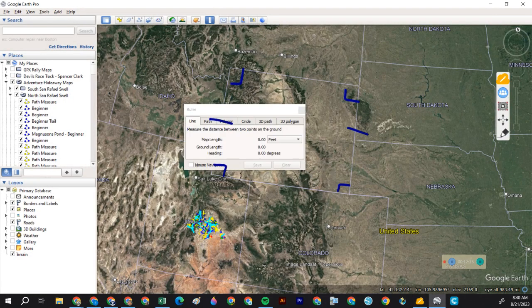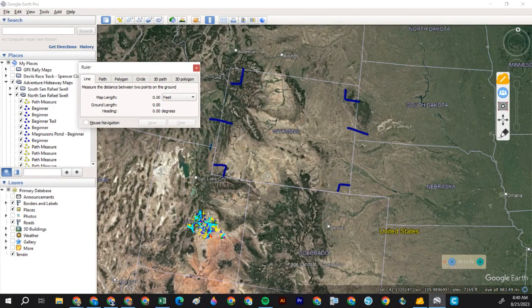So there are a couple of things to look at here. First, let's measure how far it is from here to here. So 362, right? Well, let's measure from here to here. 337.